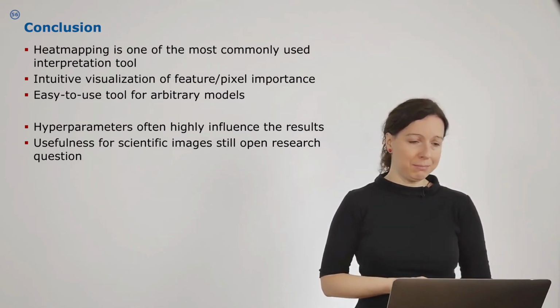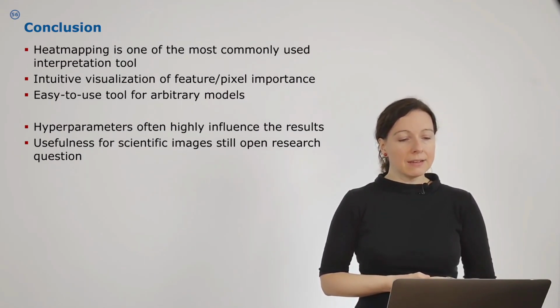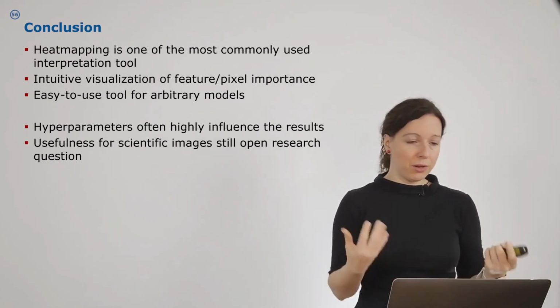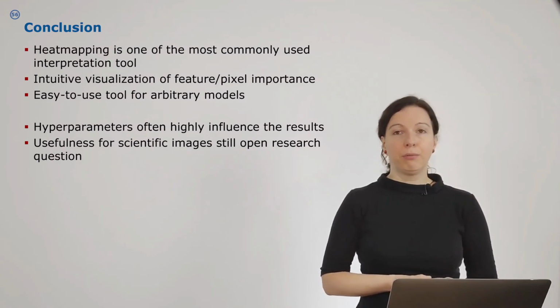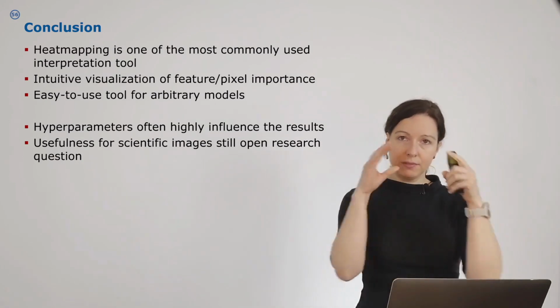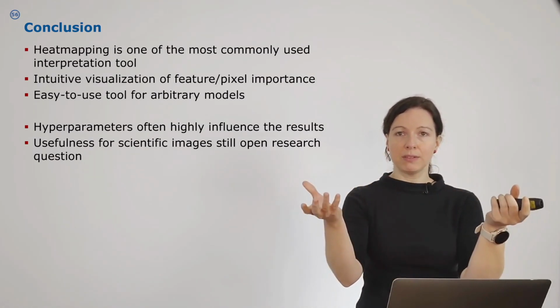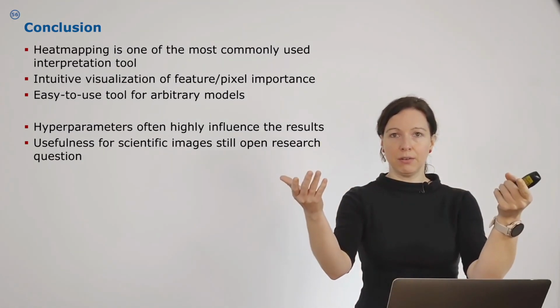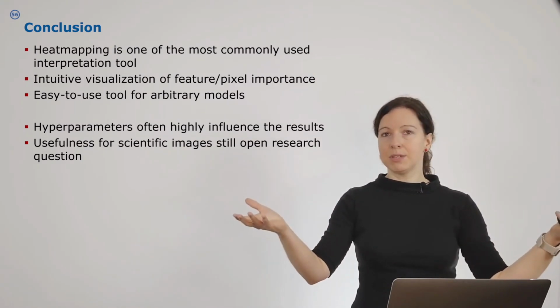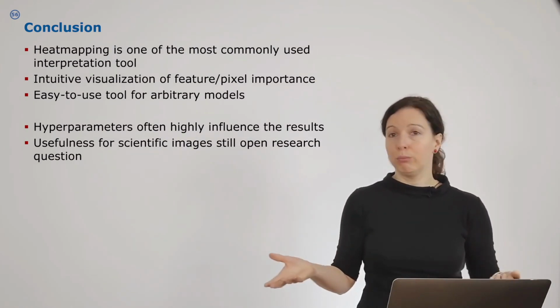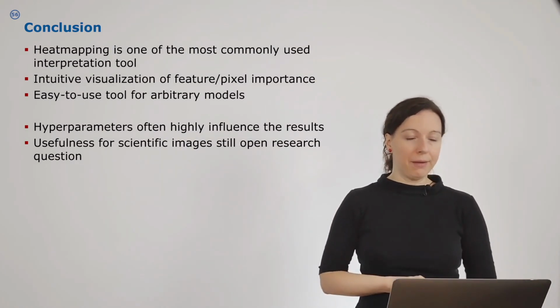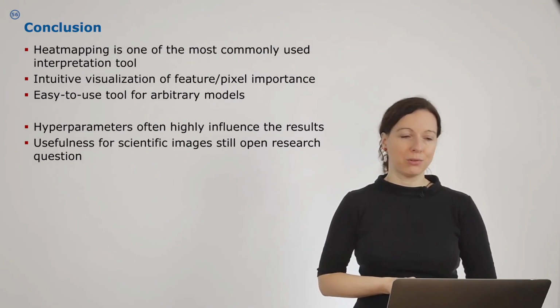It might be misleading. And an open research question, also one of my research areas, is to work on the usefulness for scientific images, because, for example, you do not always have this foreground background separation, so this object on a background. In satellite images, for example, you have areas but not specific objects. So it needs to be tested how useful these approaches are.